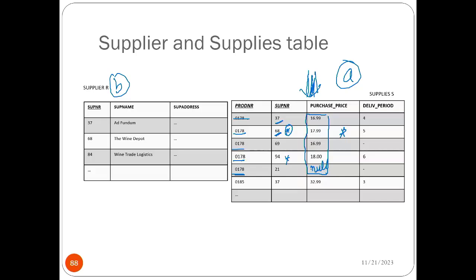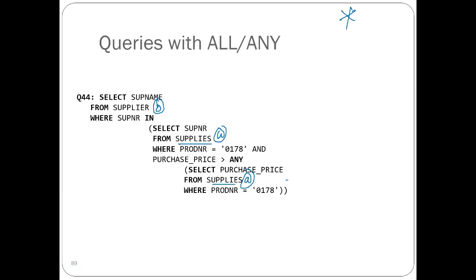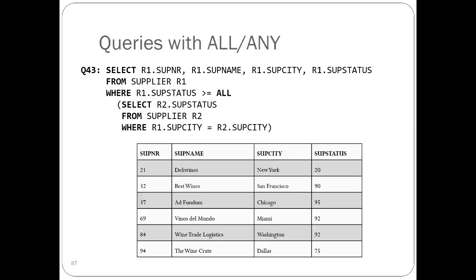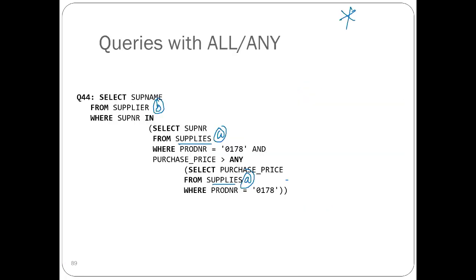Okay, so what will happen from the next query that we have, this one, we will have these values. What are these values? The supplier number 68 and the supplier number 94. And then once you have these two values over here, then the outer query gets a lot simpler, right?